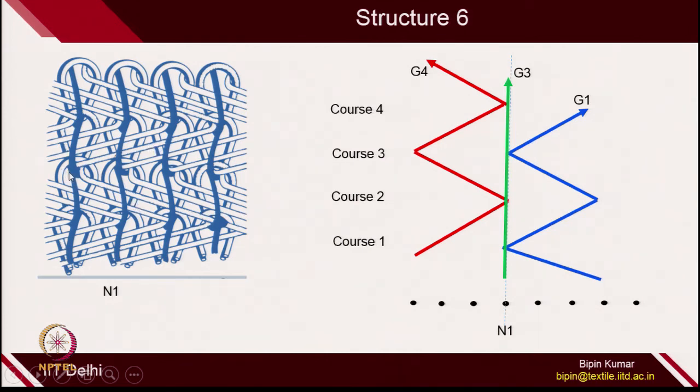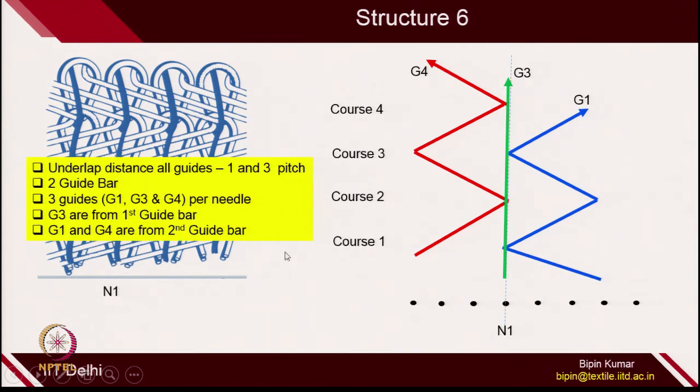The white one is going from the first column to the fourth column. So, one guide bar is moving from the first column to the fourth column, and one guide is just giving yarn to the same needle. In this particular structure, we have 3 guides, G1, G3 and G4.